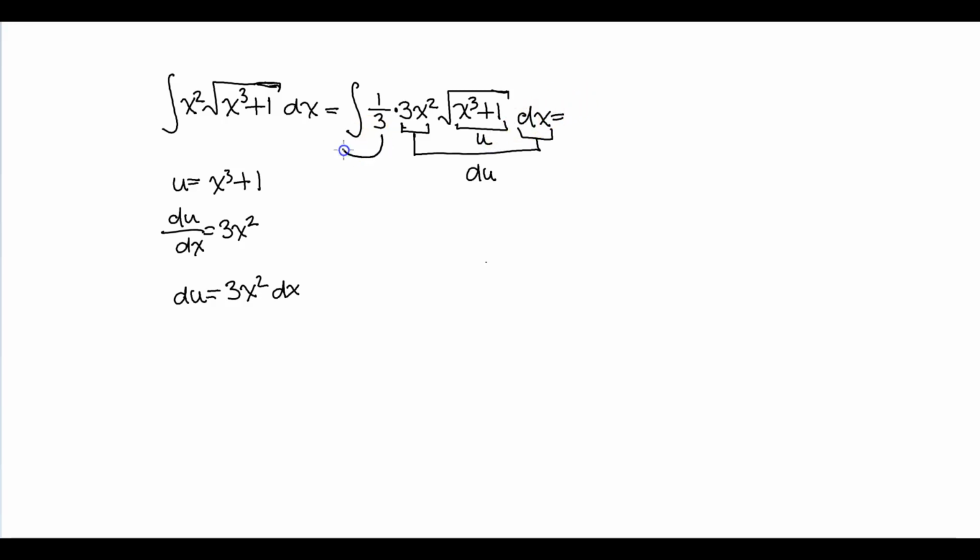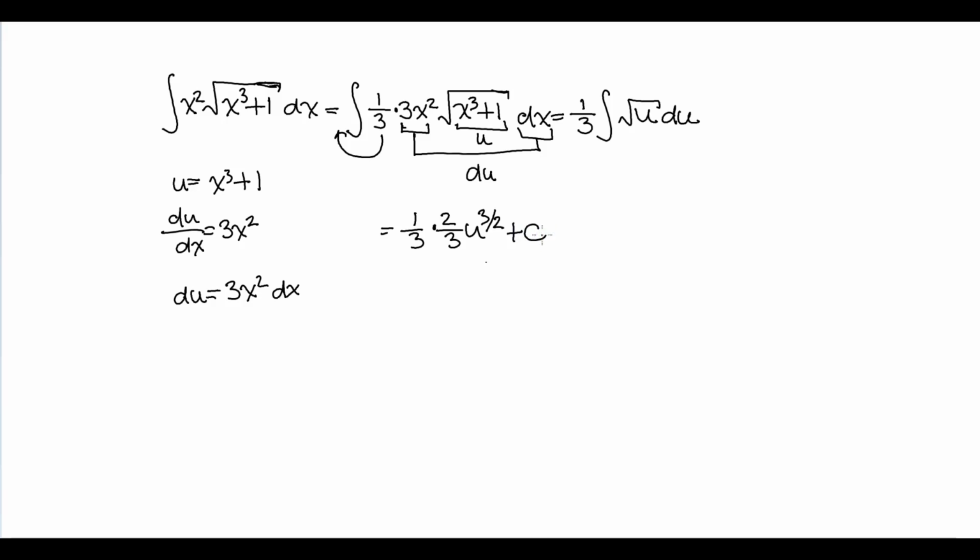So you could pull out this. So you have 1/3 times the integral of the square root of u du. And that equals 1/3 times 2/3 u to the 3/2 power plus c.